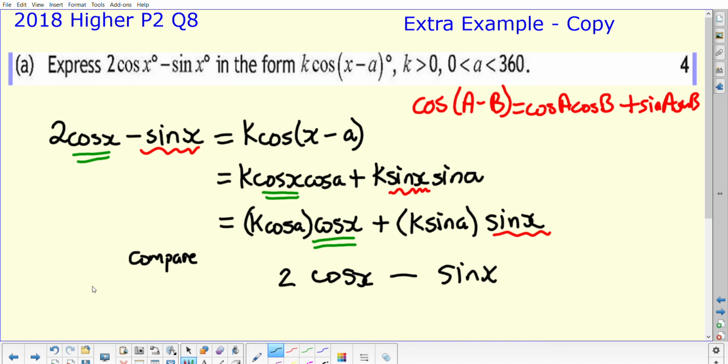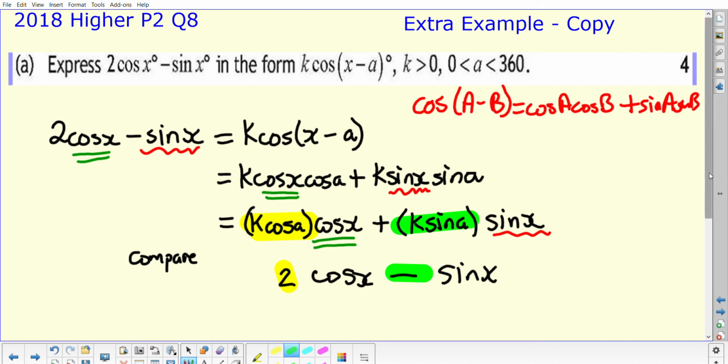Now, as I said, highlighters can sometimes help you with this. Whatever is multiplying cos x here, they need to match. And then for the sin x, what's multiplying the sin x here is just a minus sign.